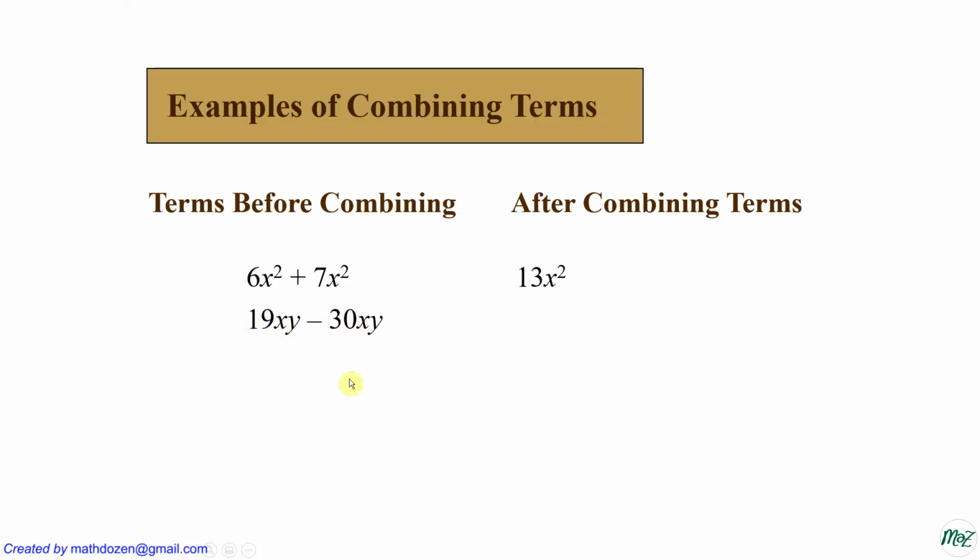So when we combine those terms, we need to take 19 minus 30. And when we combine things in which the number with a minus is larger, so 30 is more than 19, the final result will be with a minus sign. And we always keep the variables or a group of variables, in this case x and y, in the result. So all in all, we have negative 11xy.